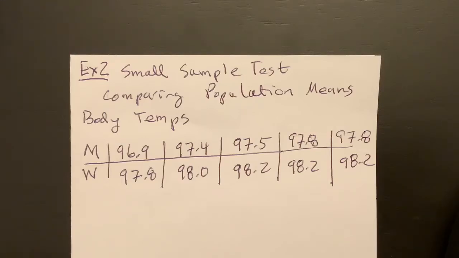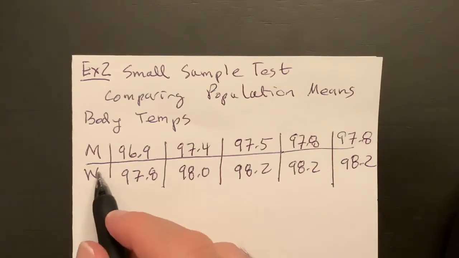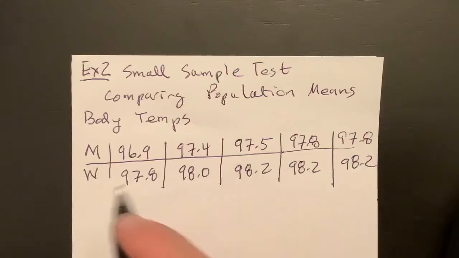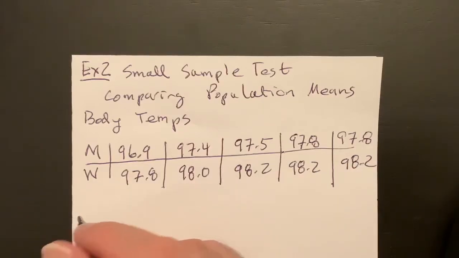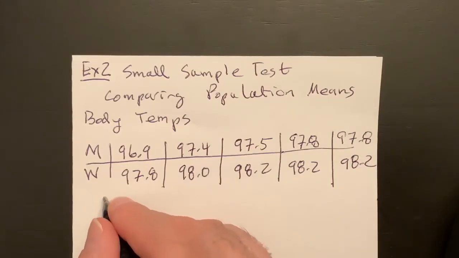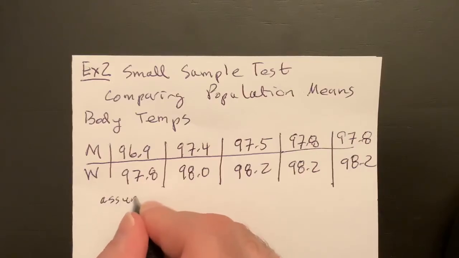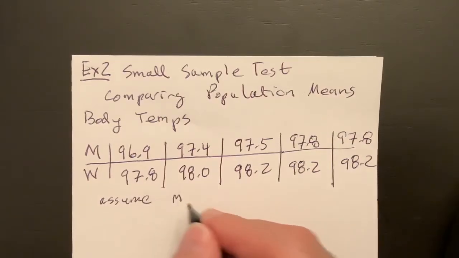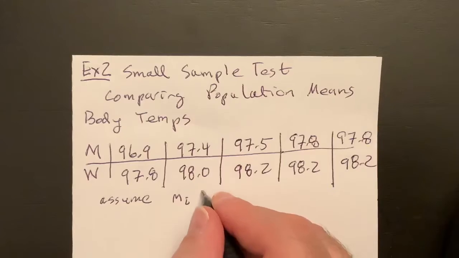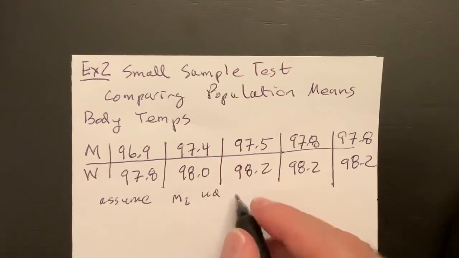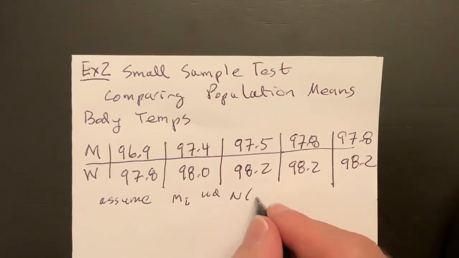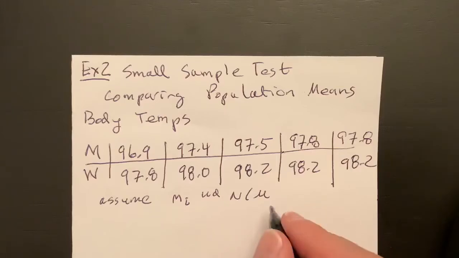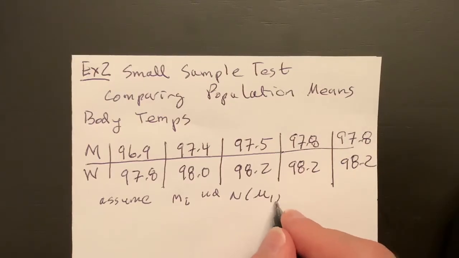And we could call these M1 to M5, so here we assume the assumption is IID, normal, let's call it mu1, sigma squared.